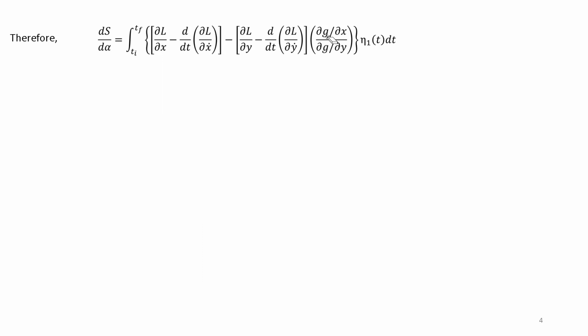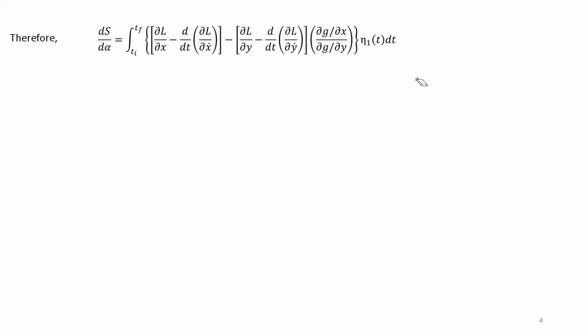The nice thing is that now I recover a common factor, which is eta 1, so that the whole thing is times a common factor eta 1. So that's the integral.